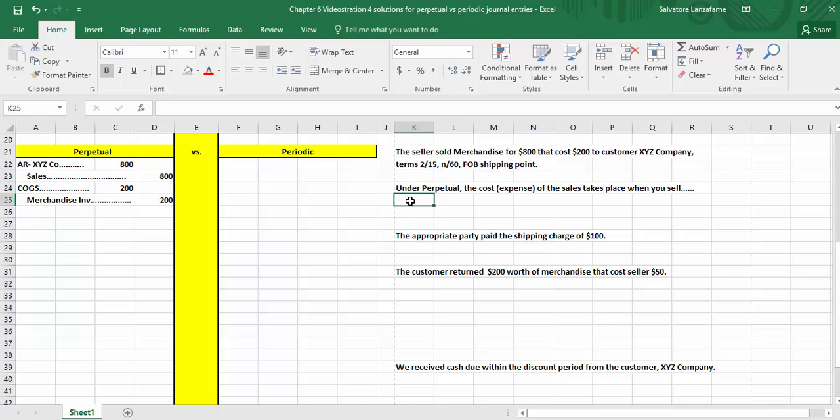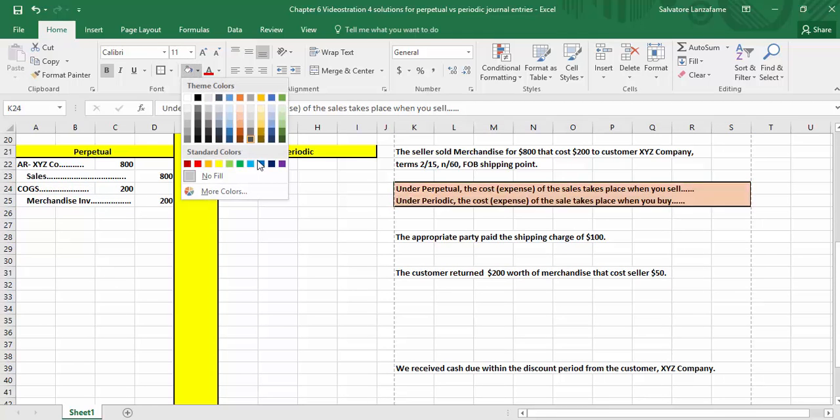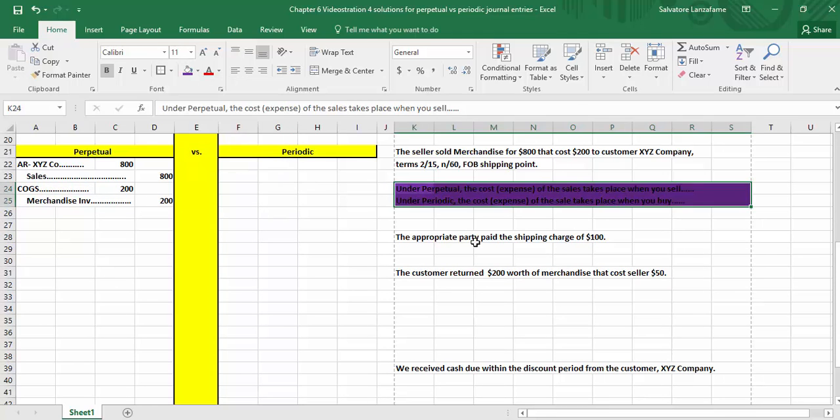Under periodic, the cost or expense of the sale takes place when you buy. So total different approach on how expenses get recorded under these two systems. So this is super, super important. You definitely want to master that understanding, especially if you're being asked to do these two different systems.